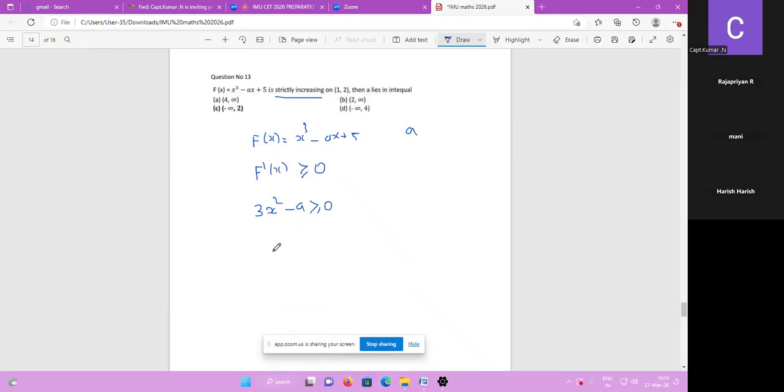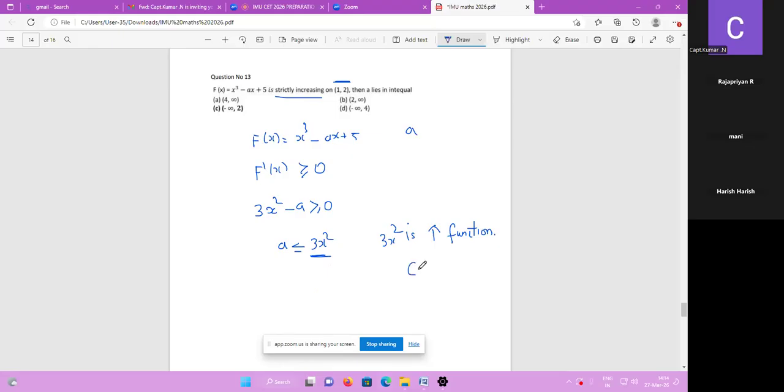When it is positive, my a should be less than 3x square. Right? Now this 3x square should be at its minimum in the interval 1 comma 2, because 3x square is an increasing function. This symbol means increasing. I can find the minimum value of 3x square.